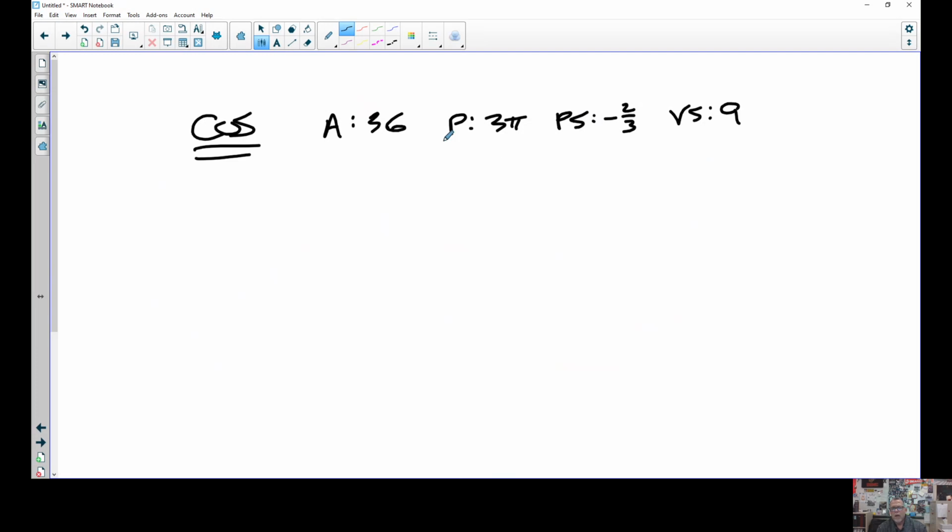Now they could say also reflected across the x-axis. All right, so how would that change things?